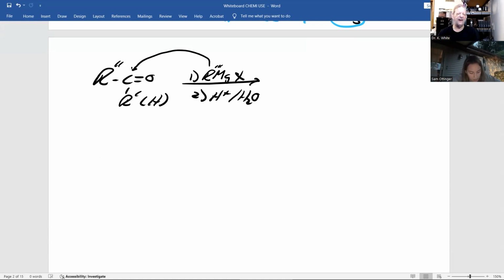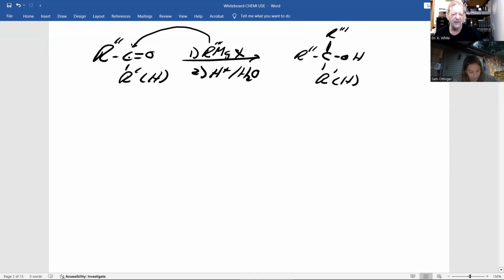And the Grignard attack opens it up. Keep your eye on the carbonyl because that's where the fun is. What's attached to it are our R prime, our R double prime is still there. Now we're going to make a new carbon-carbon single bond, and this becomes an alcohol. And for some reason, students have trouble with that.